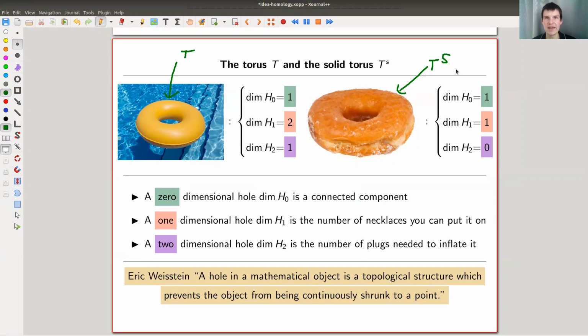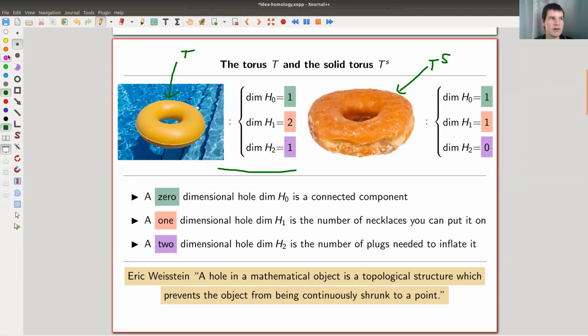A hole today is a definition, for me at least, it's the dimension of a certain homology group, or the dimension of a certain vector space. And I've written down the dimension sequence here. As I said, I would like the torus to have a zero-dimensional hole, the green one. I would like the torus to have two one-dimensional holes, the red one. And I would like it to have a two-dimensional hole, the purple one.